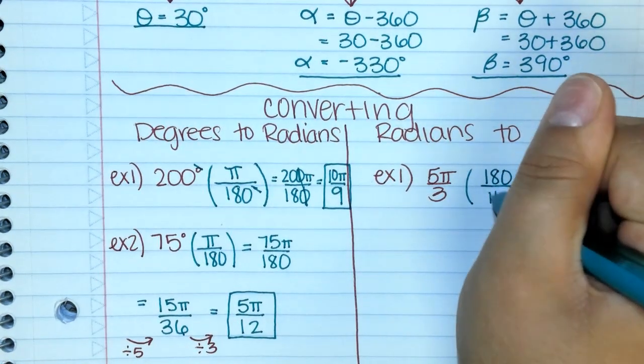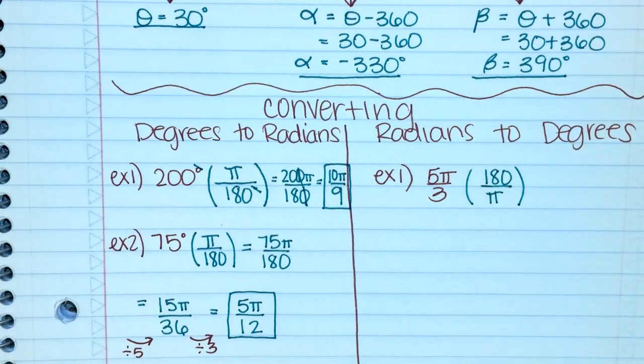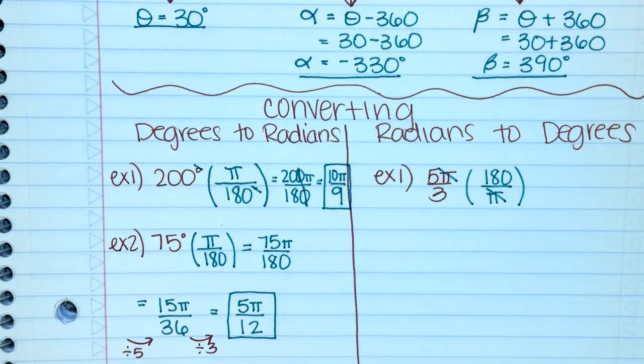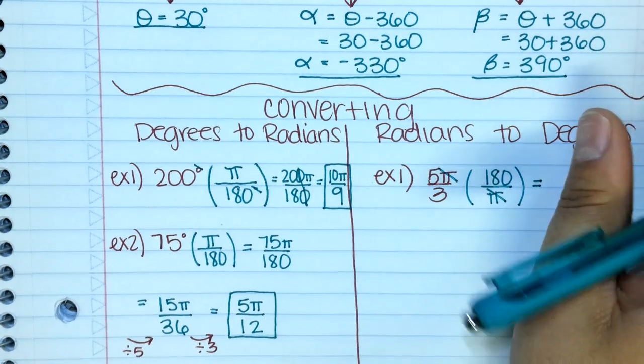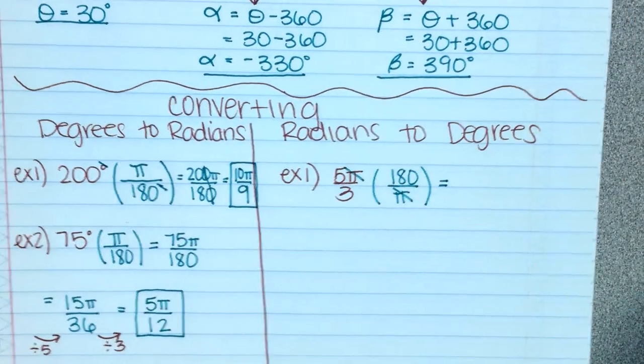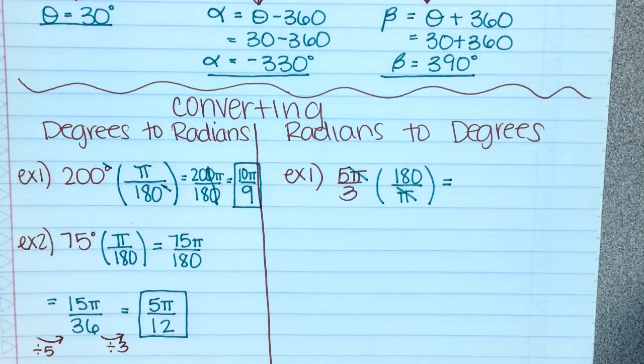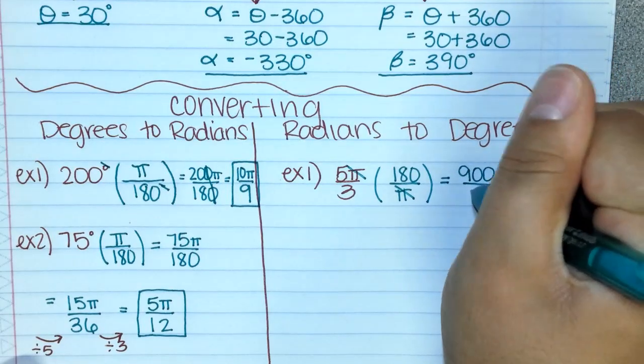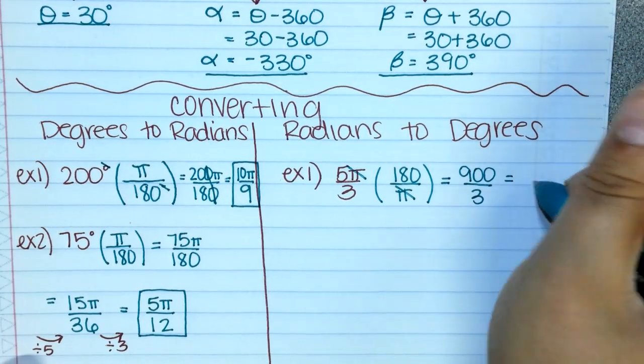I'm going to do the reciprocal of what we just did, right? Because this time I want to get rid of the pi's. What is 5 times 180? 900, divided by 3.